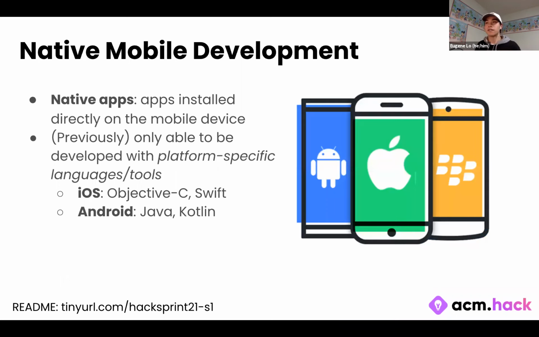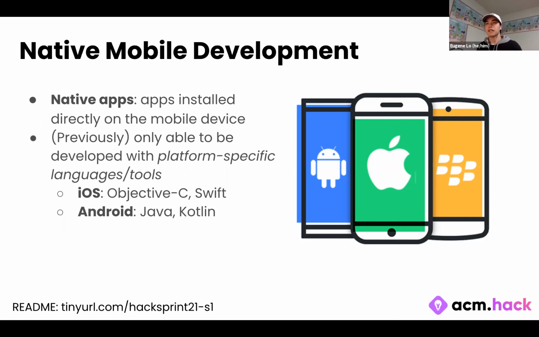So native mobile development is apps. Native apps are created from native development, and they're apps installed directly on the mobile device. So you can tell an app is native when you install it from a platform's distribution service. On iOS, that's downloading apps from the App Store, and for Android, that's downloading it from Google Play.